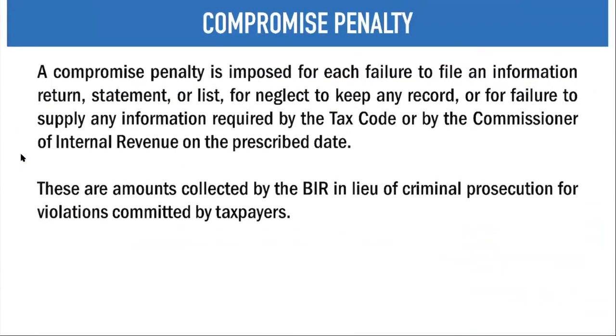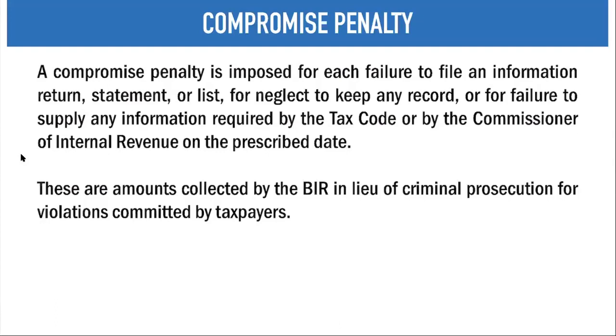What is the compromise penalty? Again, as compared to your power to compromise, which means to reduce the tax due, when I say compromise penalty, this is the additional penalty or addition to your tax. The compromise penalty is imposed for each failure to file an information, return, statement, or lease, for neglect to keep any record, or for failure to supply any information.